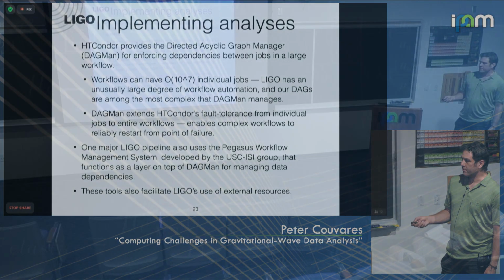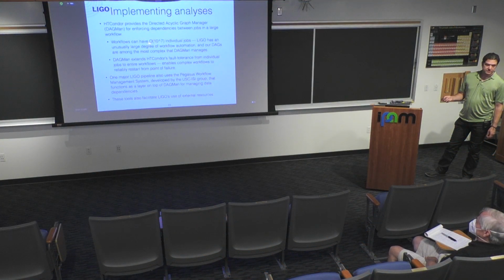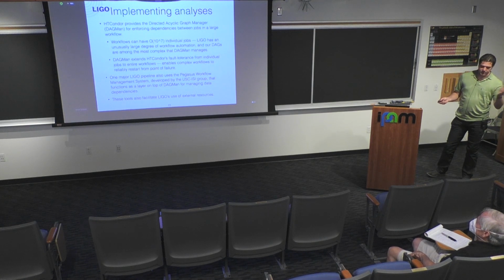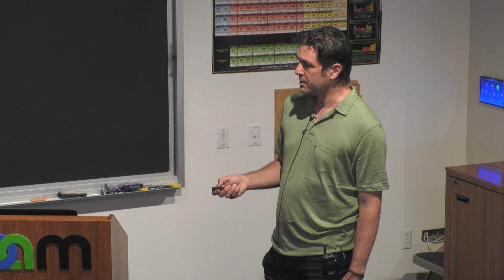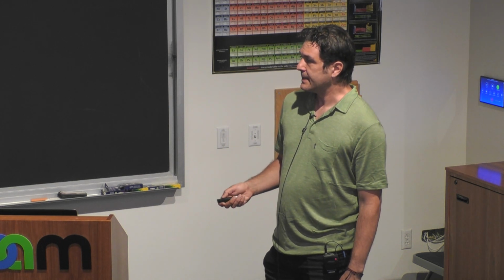And this is particularly important because our workflows can have up to 10 million jobs. We have about the biggest workflows of any user of Condor, and that includes CMS and ATLAS and LHCb and big high energy physics experiments. LIGO has very complicated workflows with a lot of moving pieces, and DAGMan manages all that.